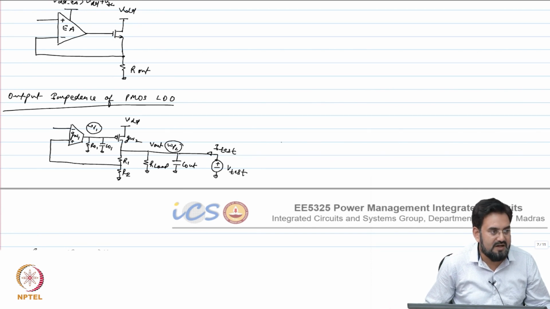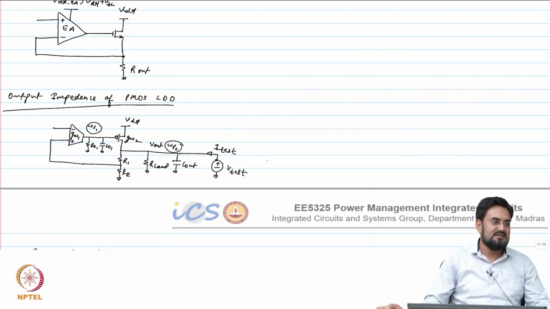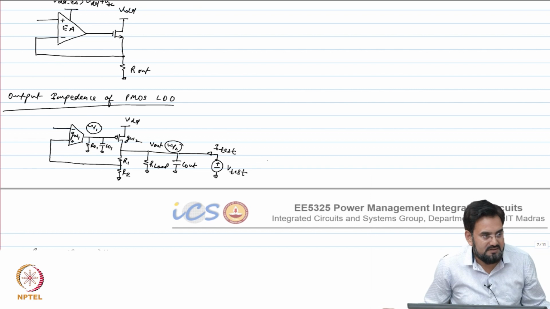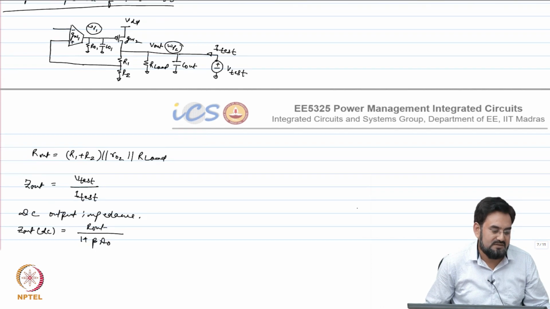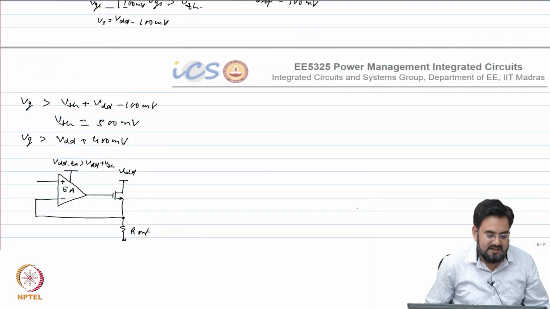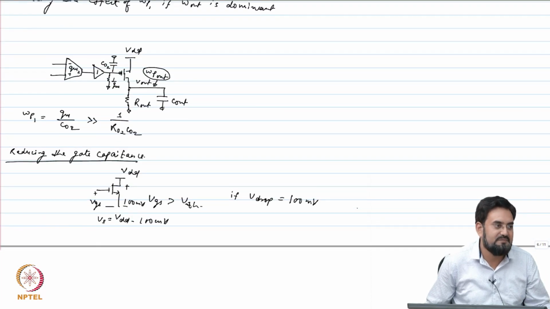We have to derive V out(s) over VDD(s), that transfer function in the closed loop, and we will see where the poles and zeros are and what improves your PSRR, what degrades your PSRR, and more or less you will get a similar thing to what you are seeing for the impedance case.